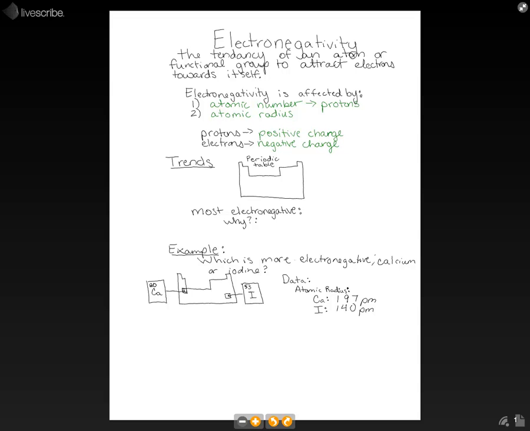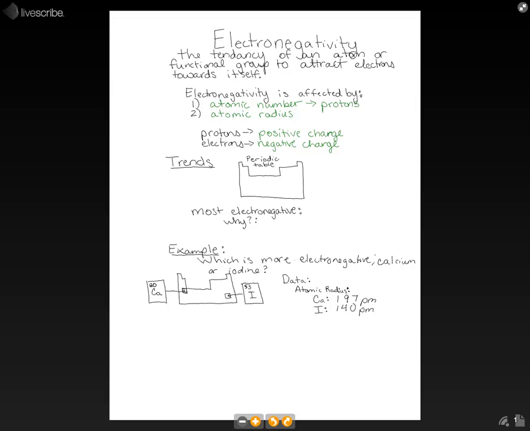So, the atomic number affects electronegativity because the more protons an atom has, the more positive charge it has. And that positive charge is better at attracting electrons because they have a negative charge. So therefore, that is one big factor in determining how well electrons are attracted towards an atom.